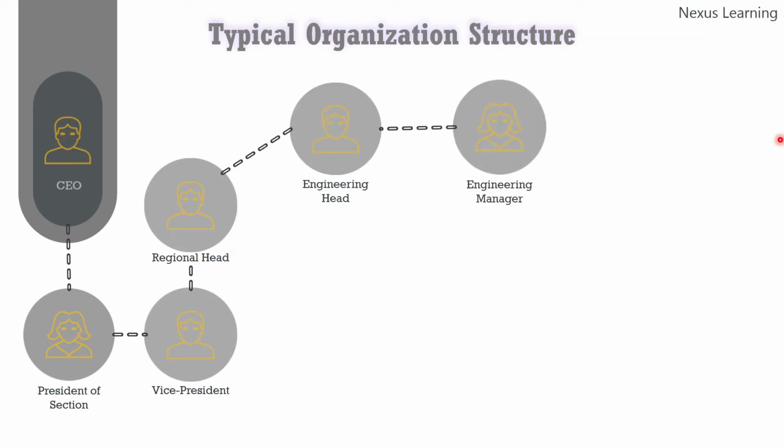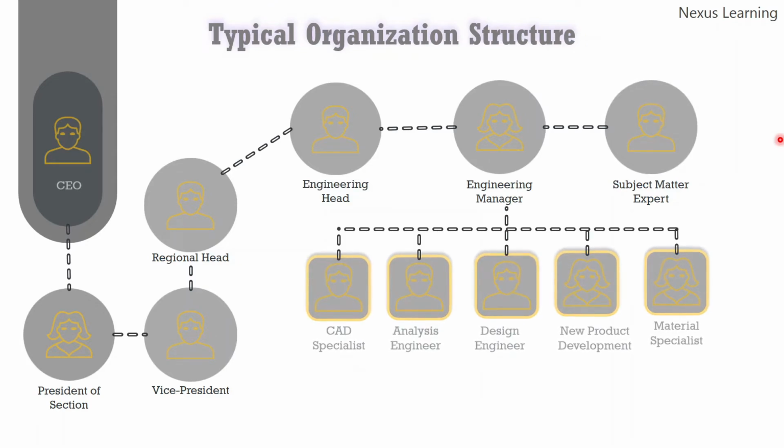So there is the engineering head, and under the engineering head, an engineering manager will roll down. The engineering manager and subject matter experts will be there along with the team. And within the team, there are people like CAD specialist, analysis engineer, design engineer, NPD engineer, material specialist. Those kinds of people will be there in the team.